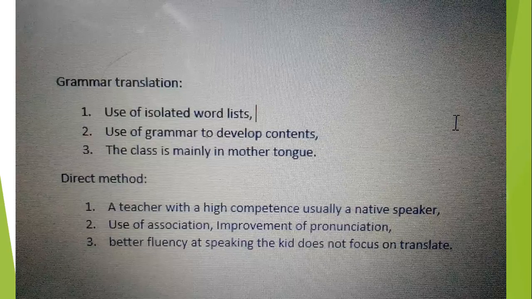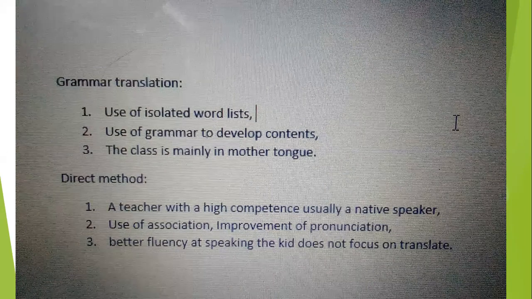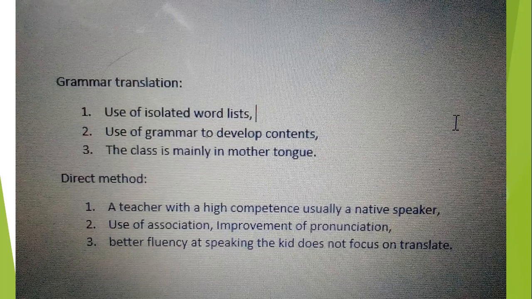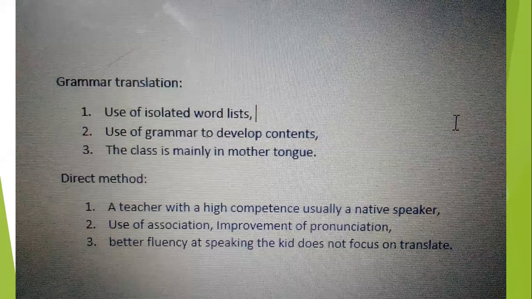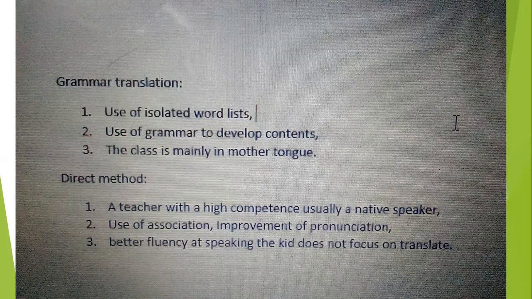According to your partner, grammar translation is characterized by the use of isolated word lists, the use of grammar to develop content, and the class is mainly in the mother tongue. Yes, it is, because remember, our first school is our house.